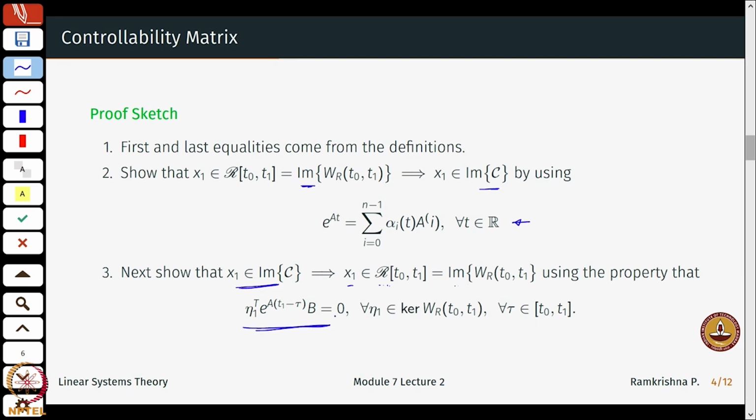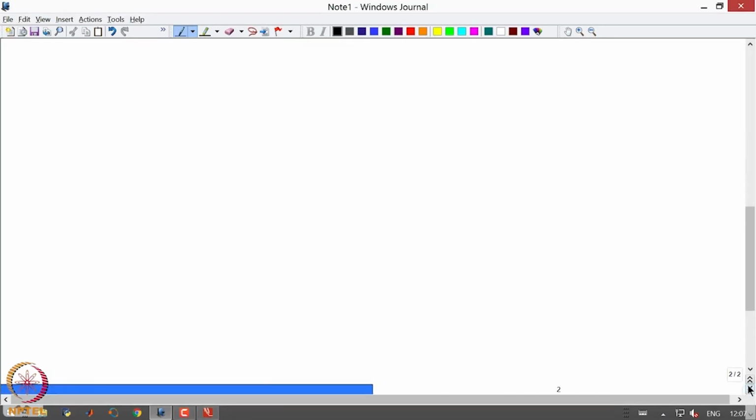So, the second part of the proof: we start from x 1 belonging to the image of C and show that this actually implies that x 1 also belongs to R of T 0 T 1, which is also equal to the image of W R T 0 T 1.